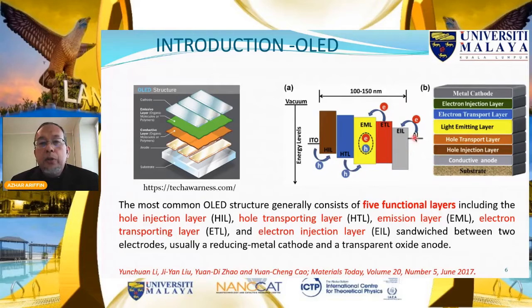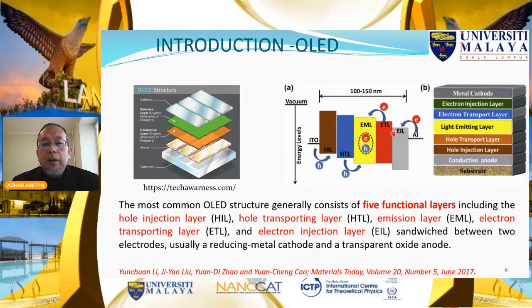From the cathode side, which is normally aluminum, we have the electron injection layer. This layer passes the electron to the electron transport layer, and from there the electron passes to the emissive layer. When the hole and electron meet at this yellow box, light is emitted. That is how this basic OLED display works.